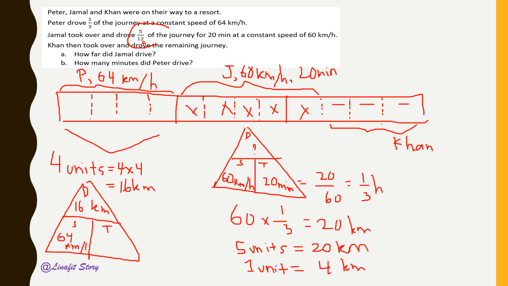Then to get the time taken will be 16 divided by 64 equals 1/4 hour. Then we may convert it into minutes. So it means 1/4 times 60. Why 60? Because 1 hour equals 60 minutes. So that's why 1/4 times 60 equals 15 minutes.